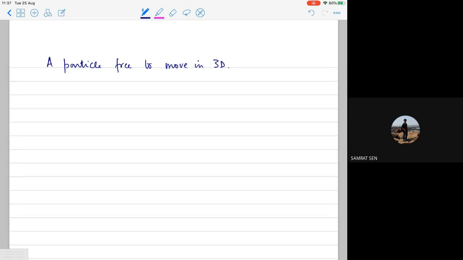A particle free to move in 3 dimensions has 3 degrees of freedom. Okay, so if there are n particles, then you will have 3n degrees of freedom.